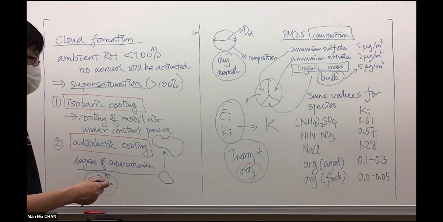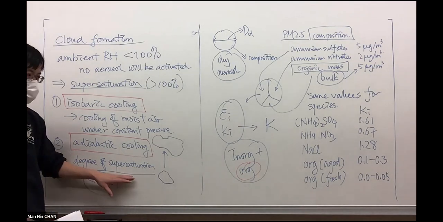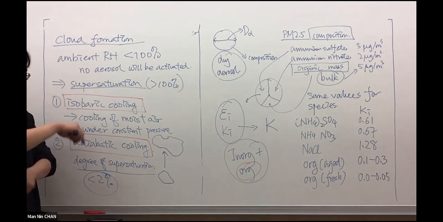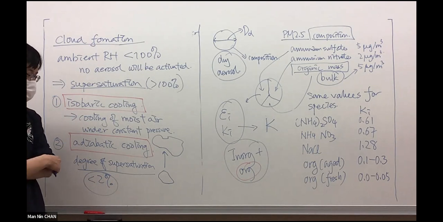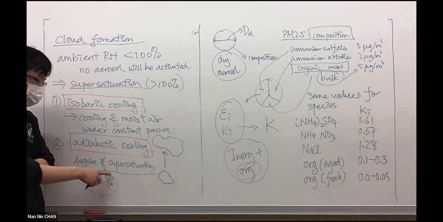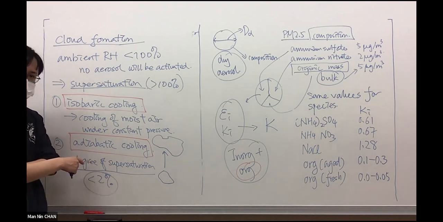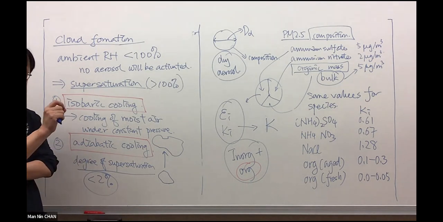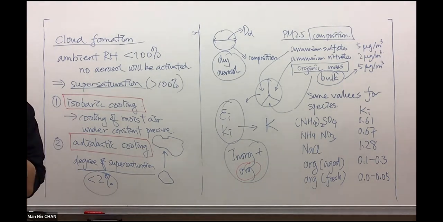Later we will briefly discuss that if you have a device to measure aerosol cloud activation, you need to set some parameters. In the literature, in laboratory or field studies, the supersaturation measured is usually less than 2% or around 1%, because this is the typical ambient condition.